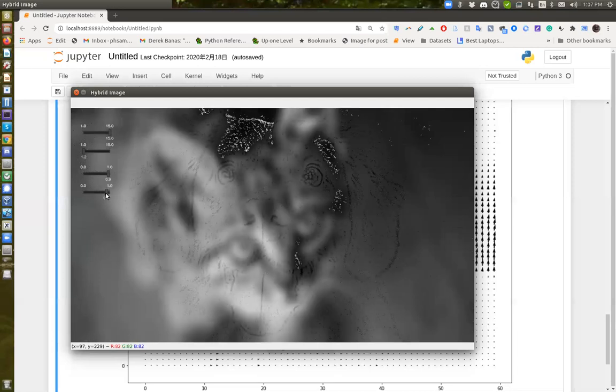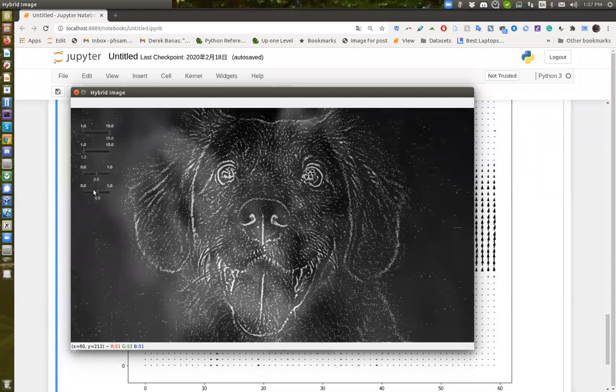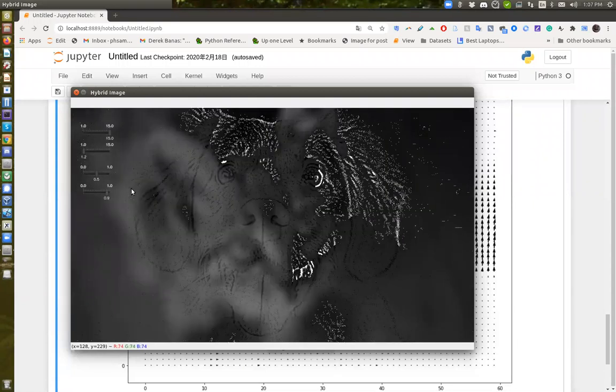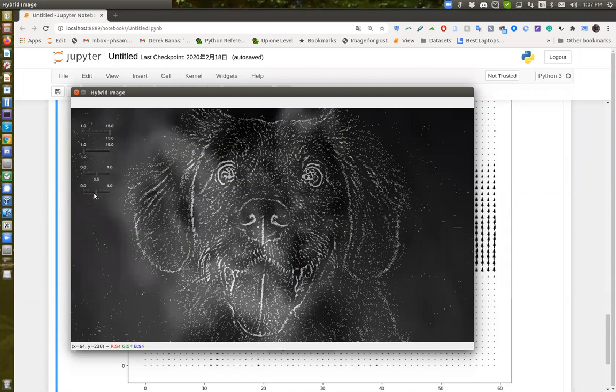I don't know why the dog disappears somehow. But what I mean is you cannot simply add them together. You need to weigh them before adding. That's very weird. This is interesting. I don't know why it actually disappears if I make the weight too large.